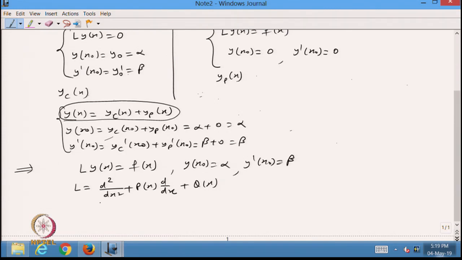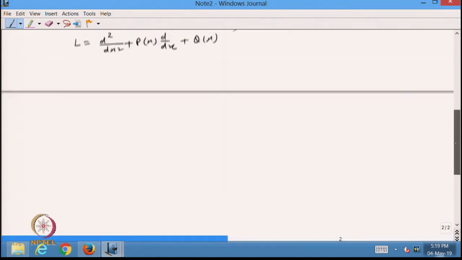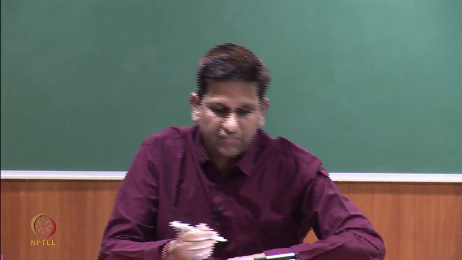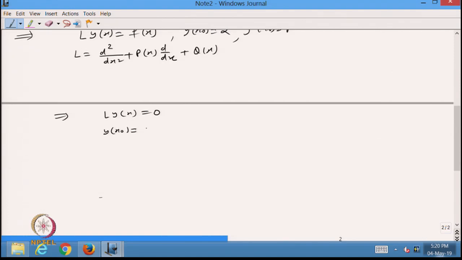In this case I will try to find the Green's function. So I will solve the equation L y(x) equal to 0 with the given y at x naught equal to alpha and y dash at x naught equal to beta.